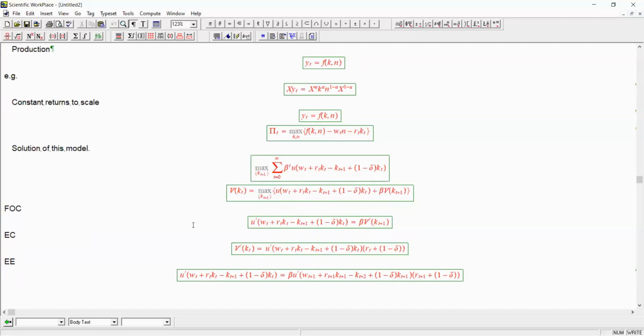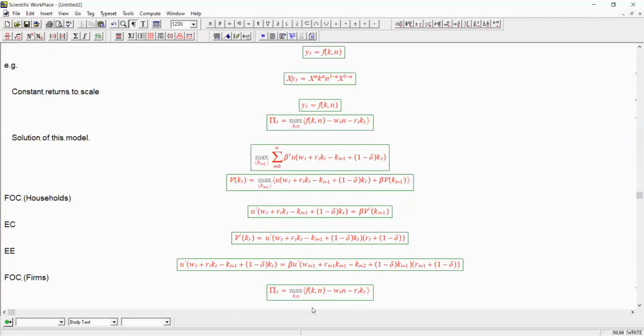Great. Now, this was looking at the households. Now let's look at the firm. Firm's problem is very easy. By comparison, it's static. So we just need here that the derivative of this with respect to k has to equal the interest rates.